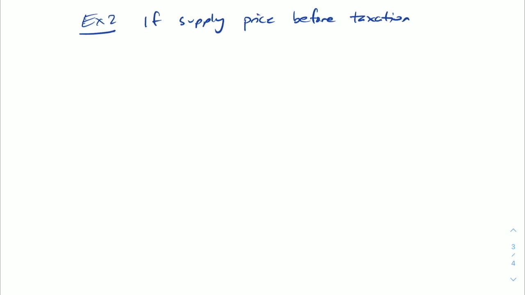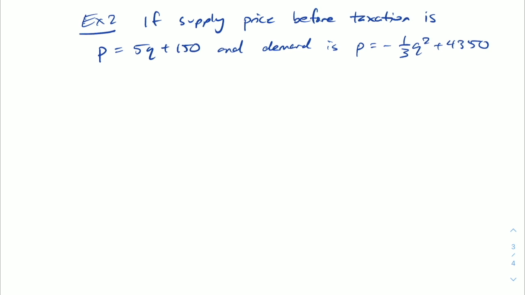All right, let's do another example. So if our supply price before taxation is 5Q plus 150, and our demand is negative 1/3 Q squared plus 4350, we want to find the tax per item that maximizes revenue.